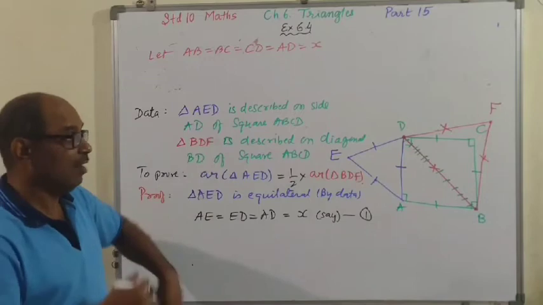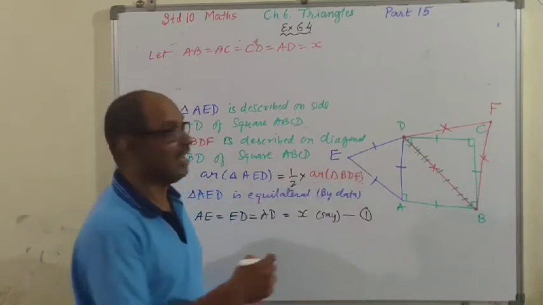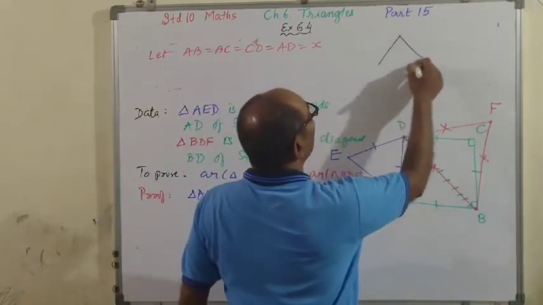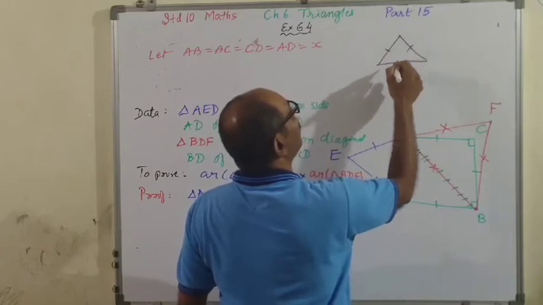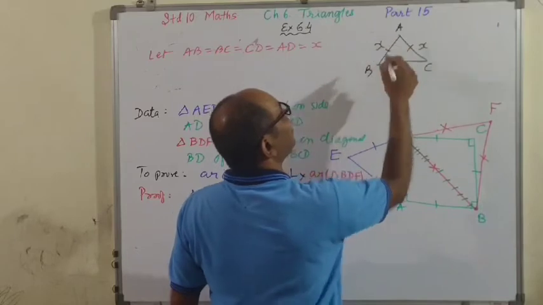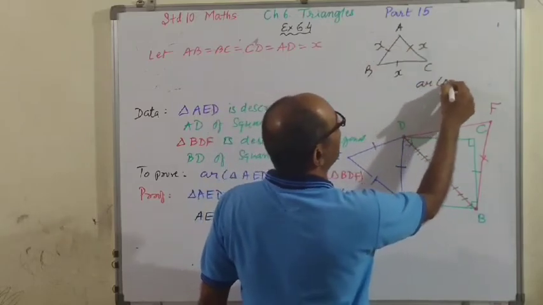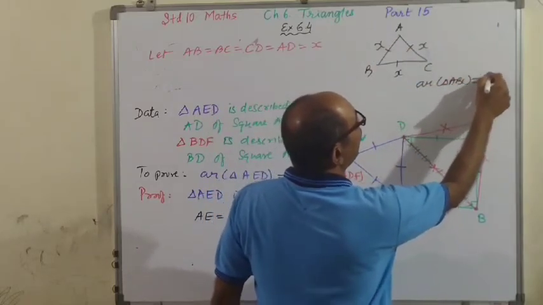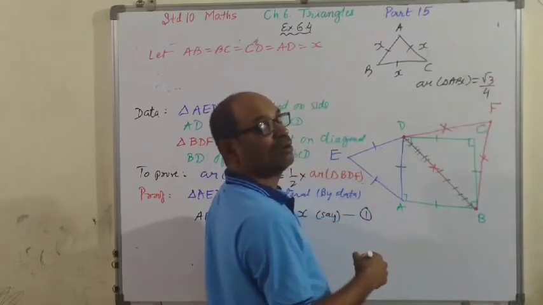Okay, so let's find out the area of an equilateral triangle. Children, again a 9th standard result. If all three sides are equal, suppose X, X, X, then the area of triangle ABC is equal to √3 by 4.